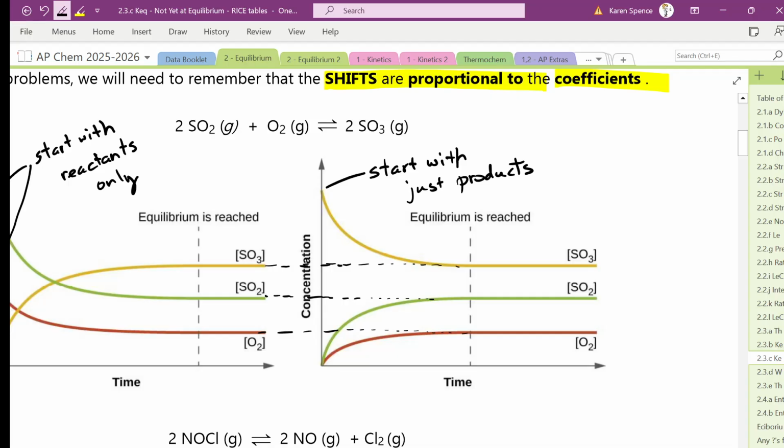So the equilibrium concentration of products over reactants will be the same.